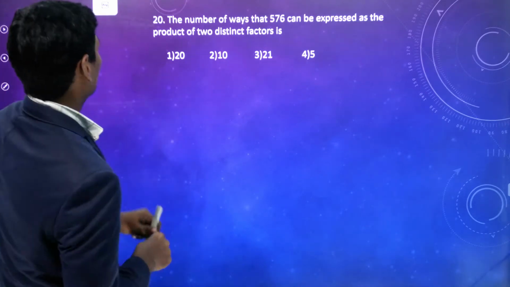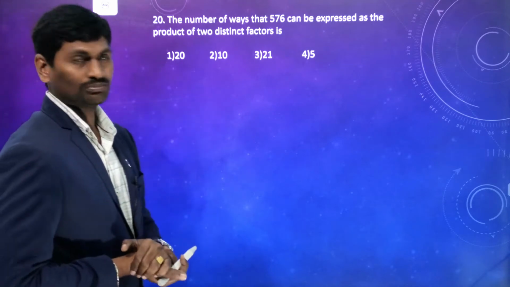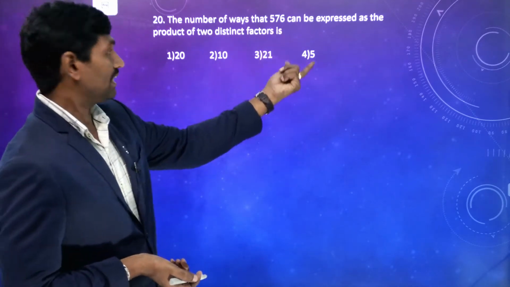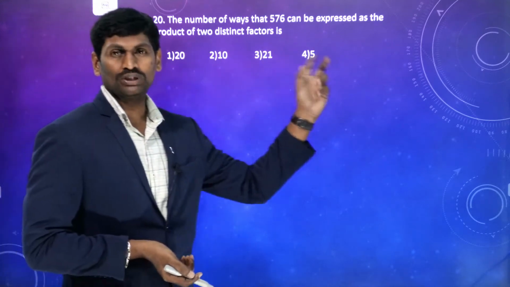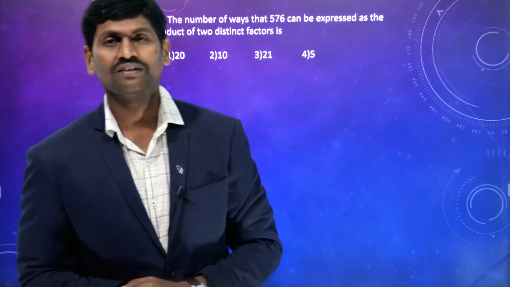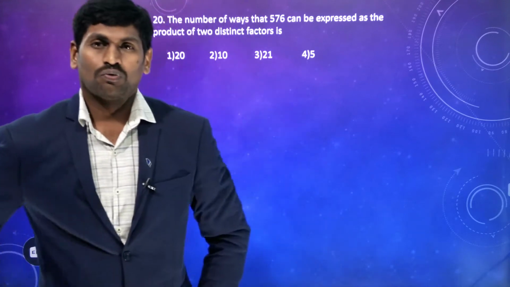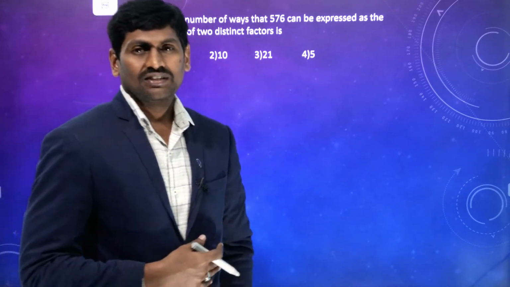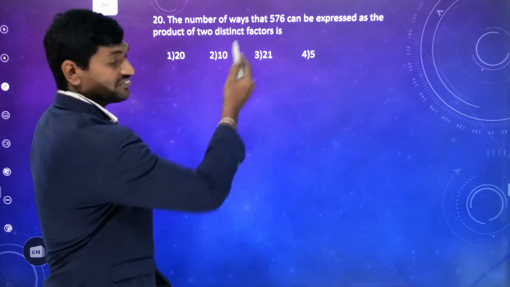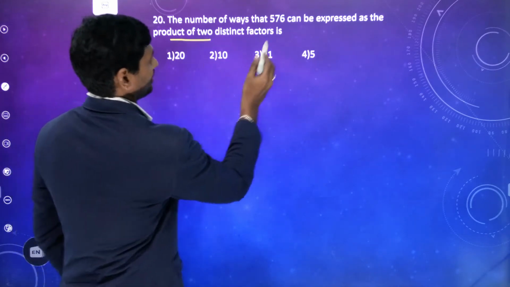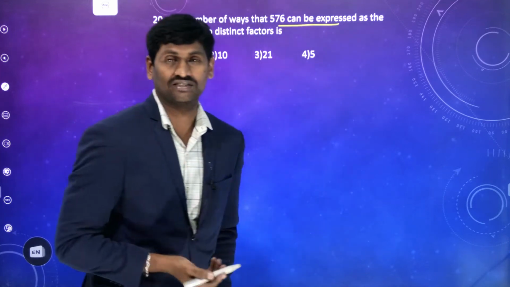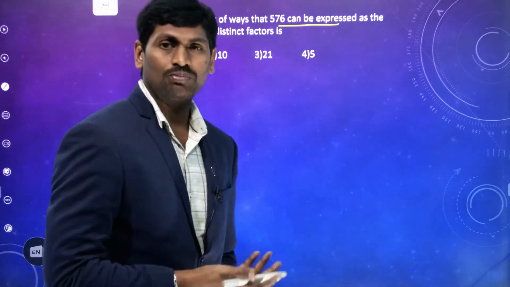Up to the 20th problem: the number of ways that 576 can be expressed as the product of two distinct factors. Am I right? This problem we already discussed by using the formula.